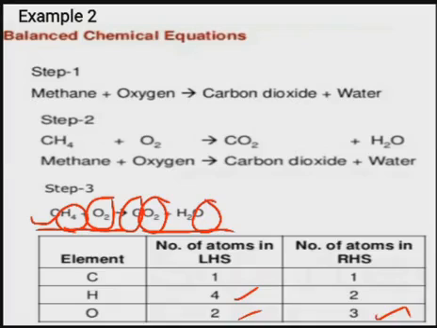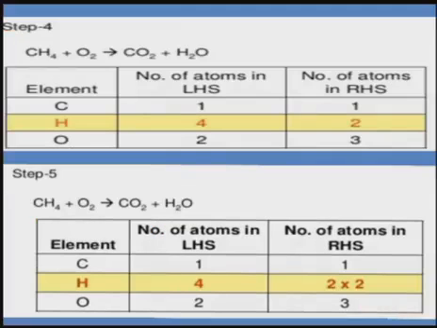Now in the fourth step we will balance the number of hydrogen atoms on both sides. On the left-hand side it is 4, and on the right-hand side the number of hydrogen atoms is 2. So simply, to balance, on the right-hand side we will multiply by 2. 2 into 2 is 4, so it will become 4.